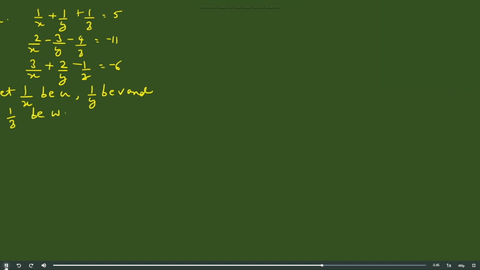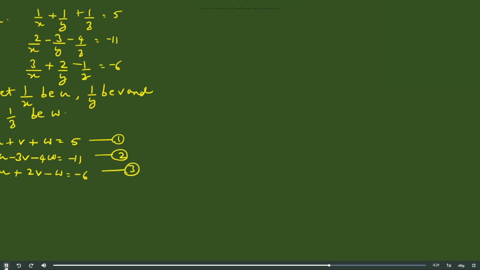Now rewrite the equations. u plus v plus w is 5. 2u minus 3v minus 4w is equal to minus 11. 3u plus 2v minus w is equal to minus 6. These are equations 1, 2 and 3.